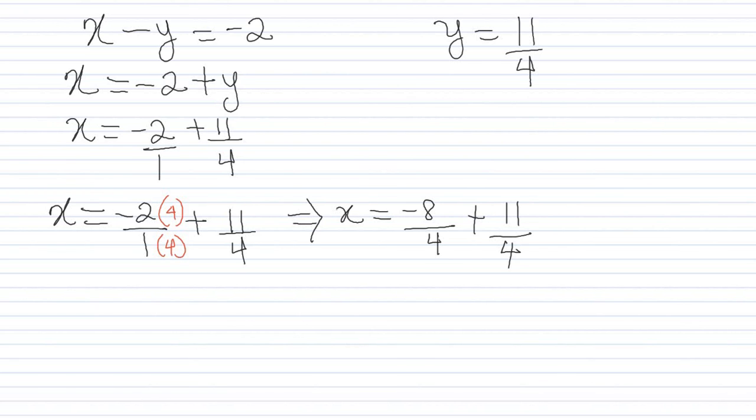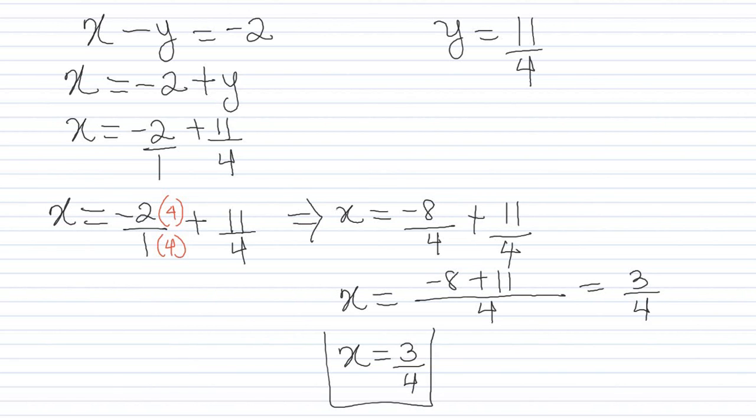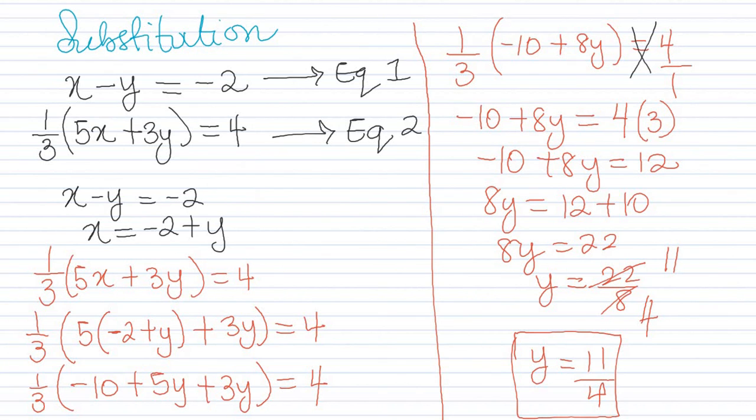So that would be x equals, common denominator 4, negative 8 plus 11, so that is 3 over 4. So x equals 3 over 4, and we have 11 over 4, and that is the answer to the question. And yeah, that is basically it.